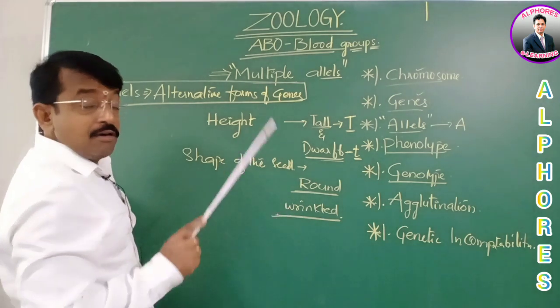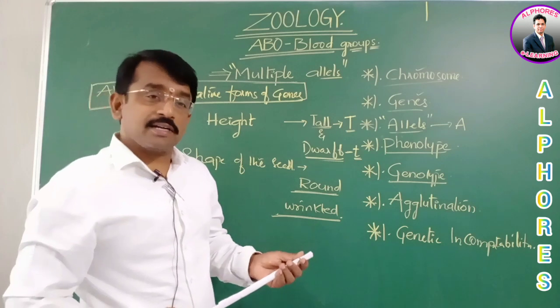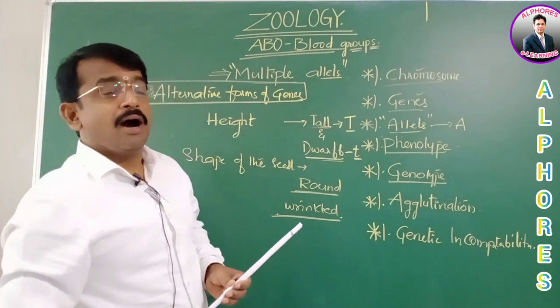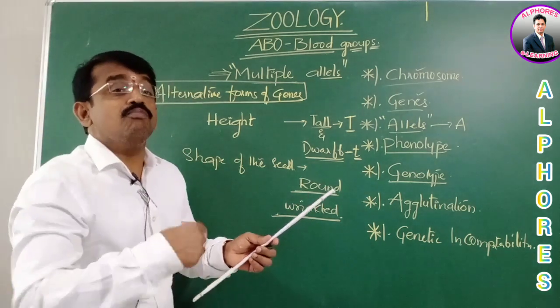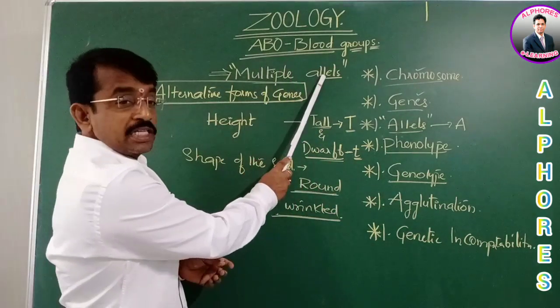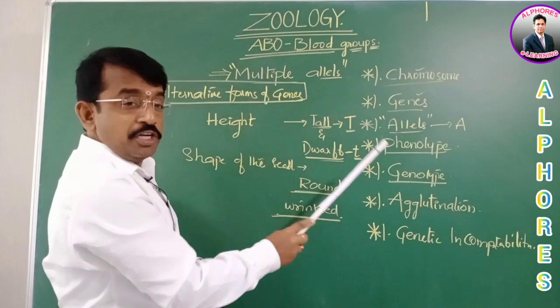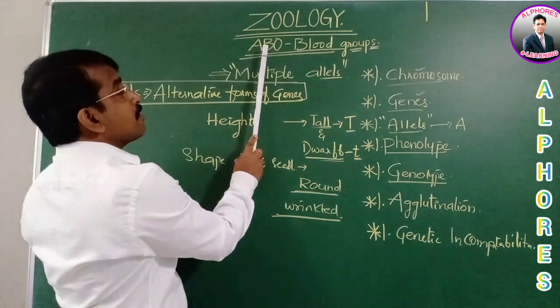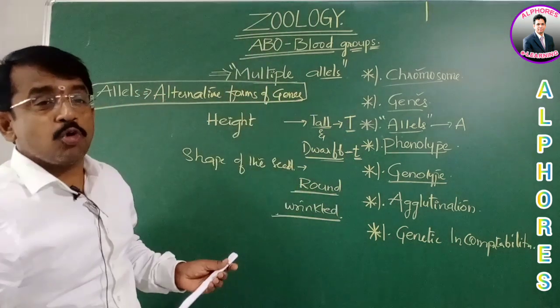But there are certain characters under the control of a gene which has more than two alleles. Such is named multiple alleles, and such a condition is multiple allelism, for which the best example is the ABO blood groups.